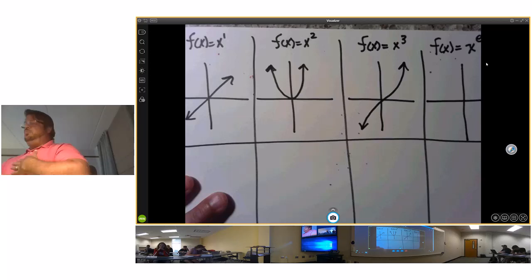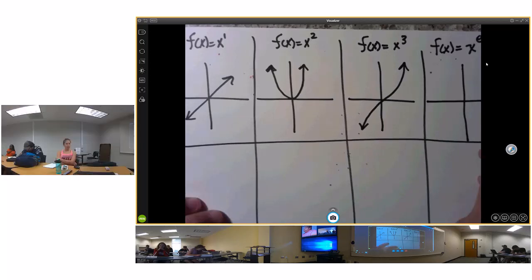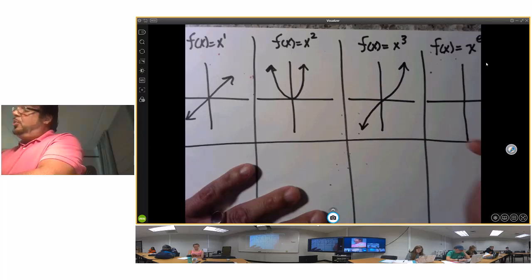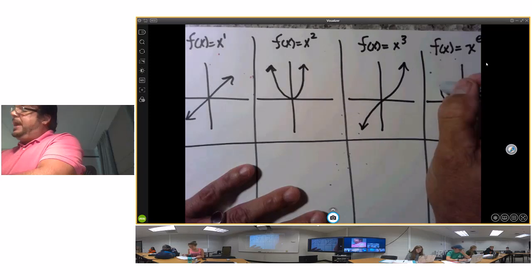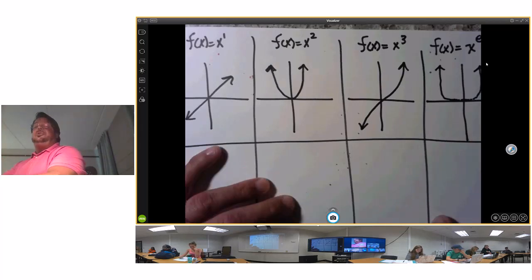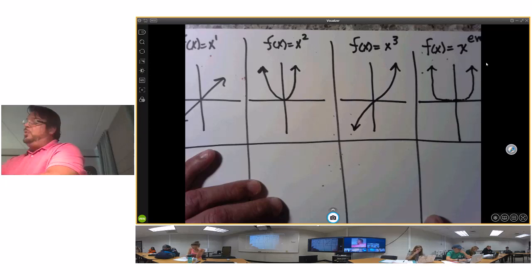What's the difference? Nothing. The bottom is going to be more squared, but you're still going to have a parabola. The higher the degree, the higher the variable, the more you're going to have a square on the bottom. But it's still a parabola.